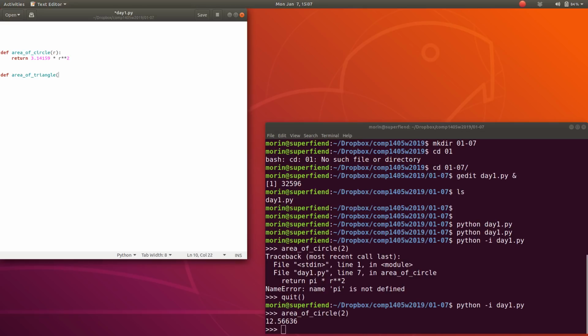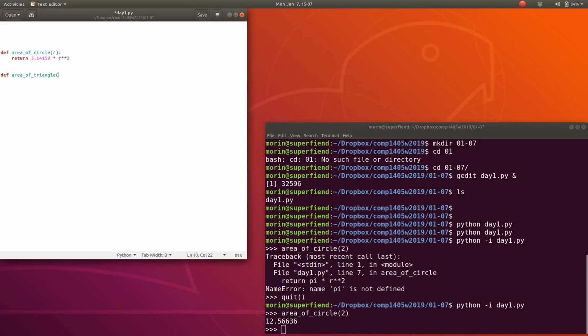Surely someone does. 1/2 the base times height. And I love that formula. That's the one that I learned, 1/2 base times height. Why we don't say base times height divided by 2, I don't know. But the expression I remember is 1/2 base times height.